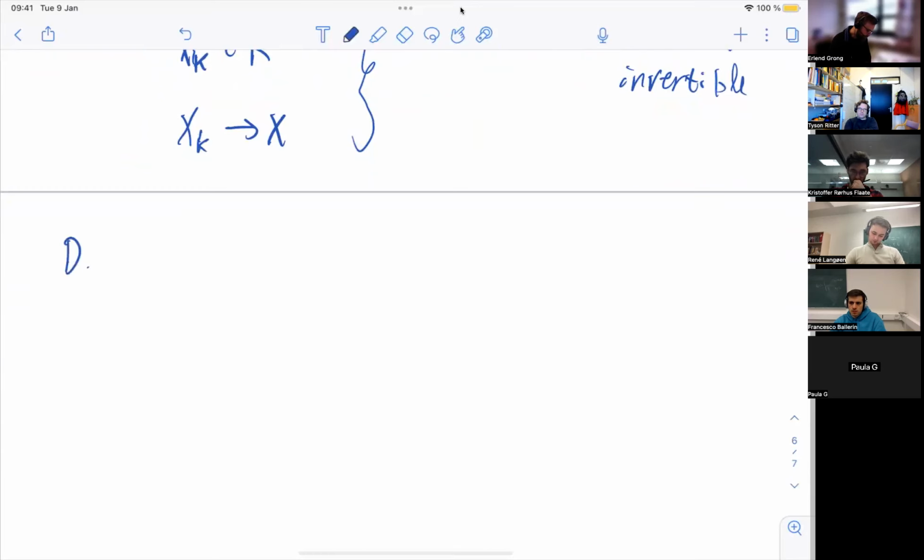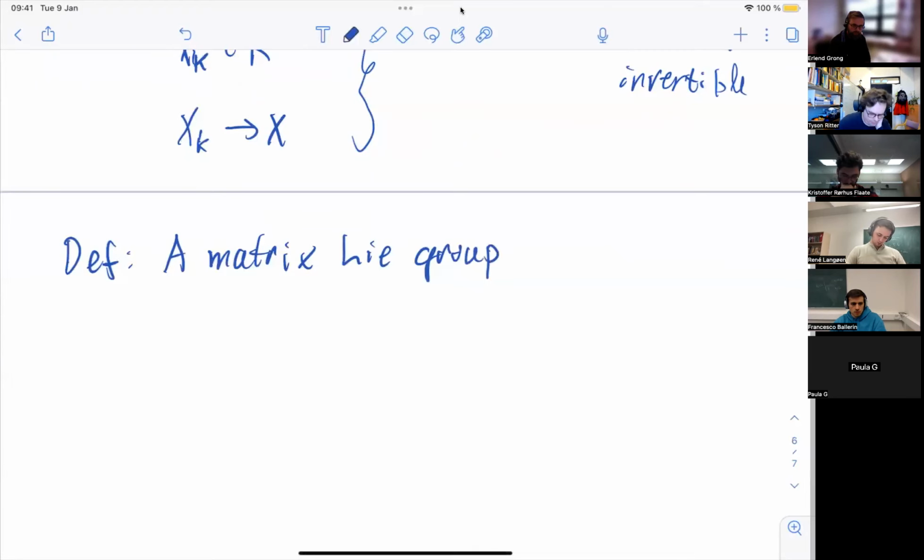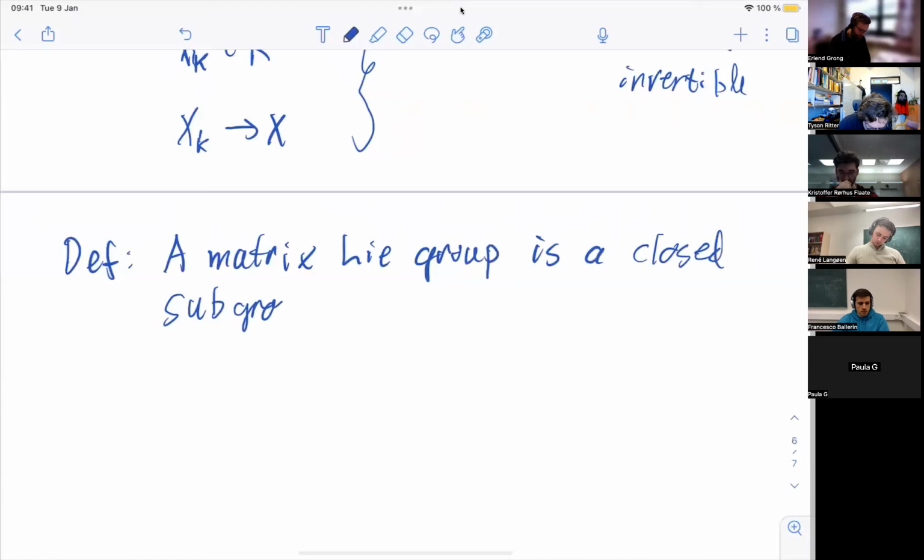So let's do then the definition. What are the objects that we're going to discuss in this course? A matrix Lie group is a closed subgroup of GL_n(K).